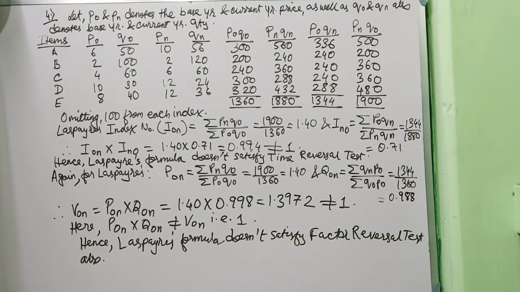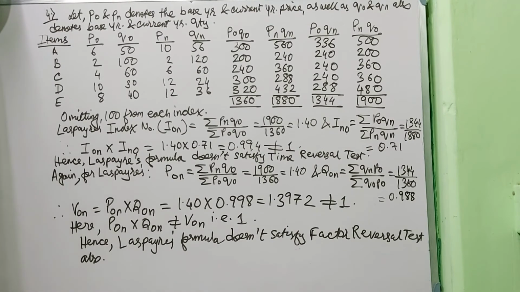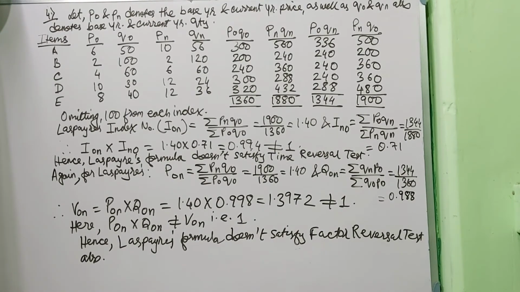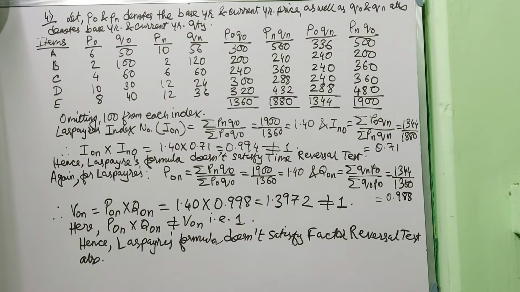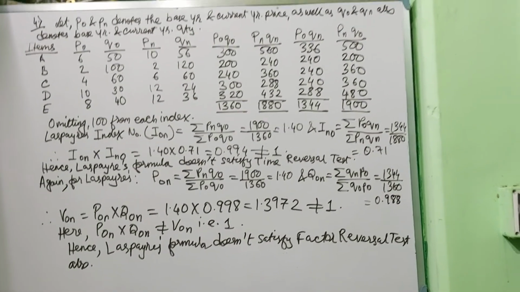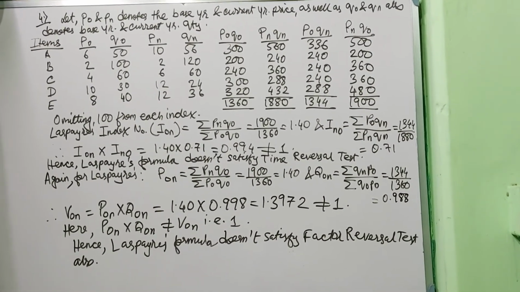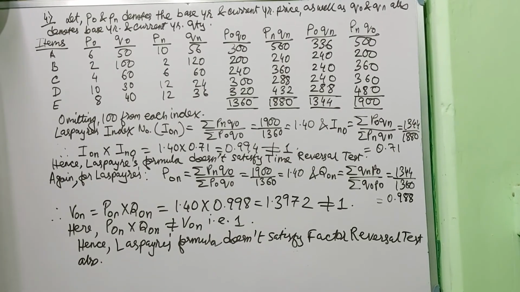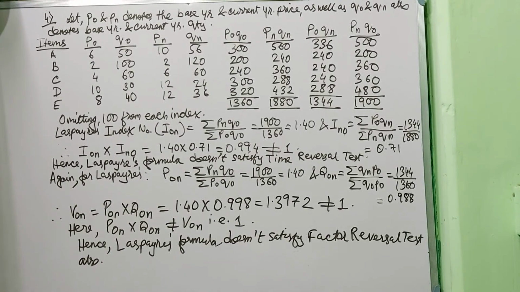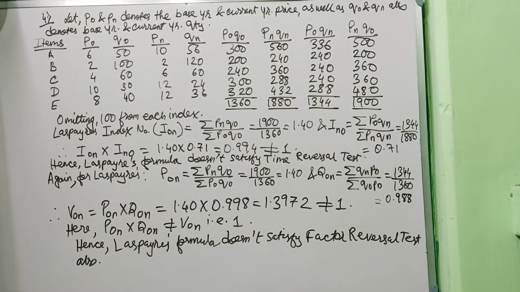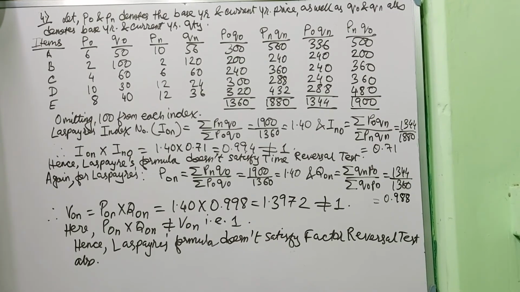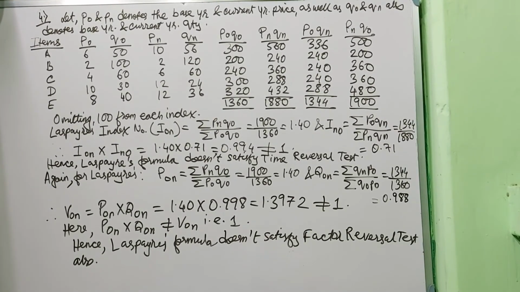Okay, in Fisher's. In the next class, I will start with consumer price index number, which we will call cost of living index number. I just want to give a highlight of it. Cost of living index numbers are generally intended to represent the average change in price over a period of time.